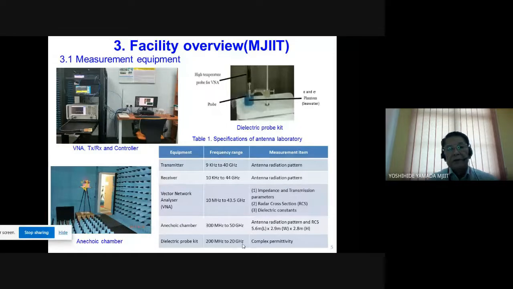So these are the facility specifications. If you would like to measure in this frequency range, you can come and use this facility for your measurement.